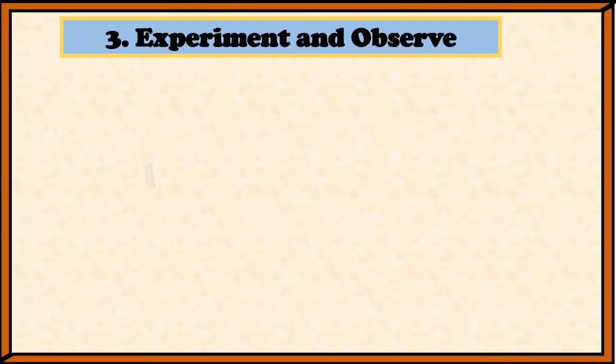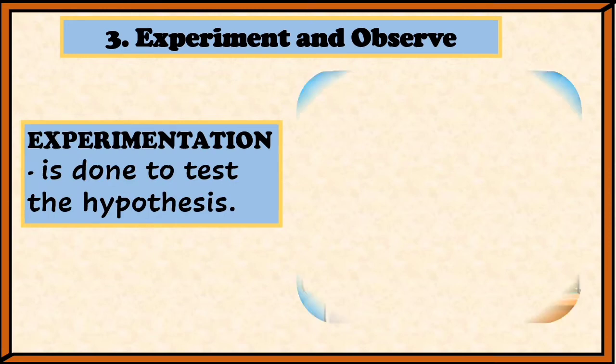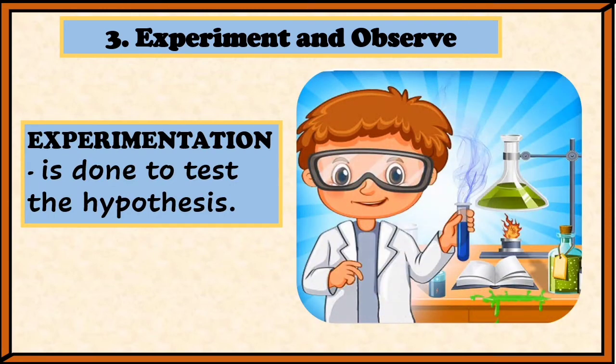We will do an experiment or experimentation. When we say experimentation, it is done to test the hypothesis whether it is correct or wrong. It may also include getting measurements during the experimentation.